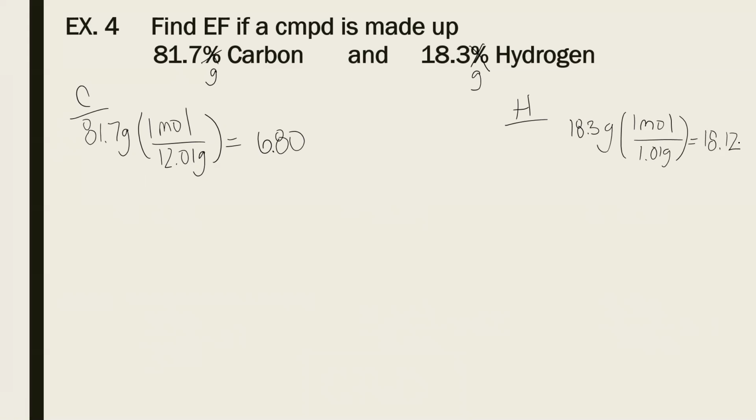Okay, so that's step 1. So these are in moles now. I divide by the lowest of the numbers between the two.